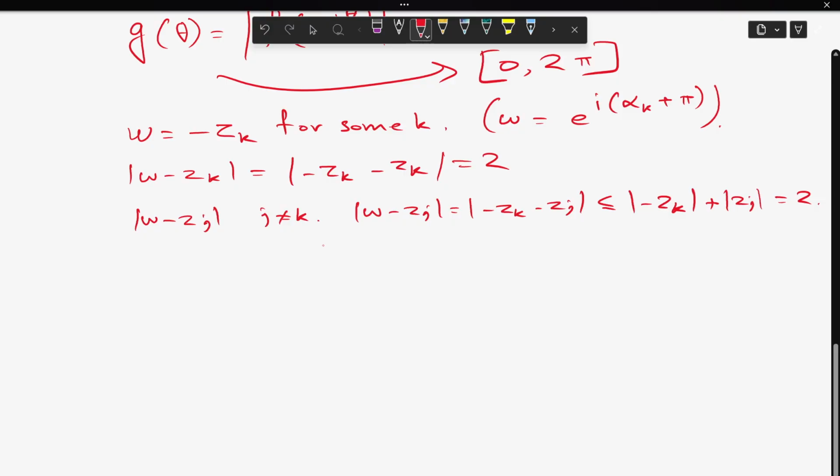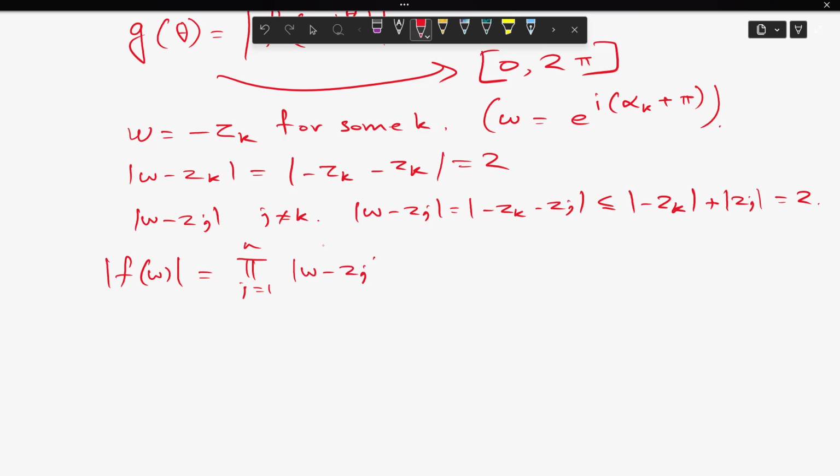Thus we can write modulus of f omega, the product of omega minus zj, is greater than or equal to 2 into the product of other factors.